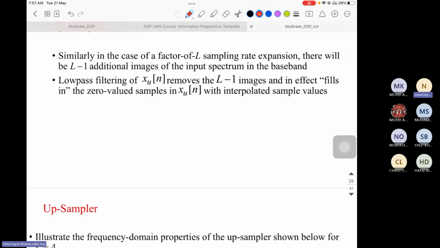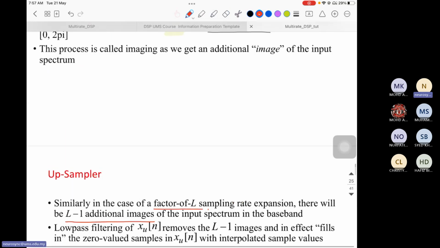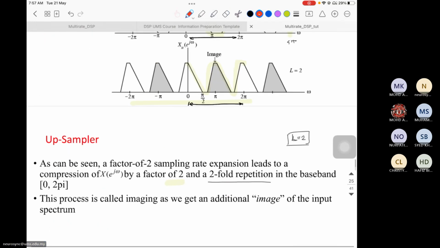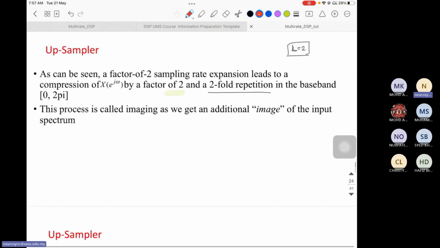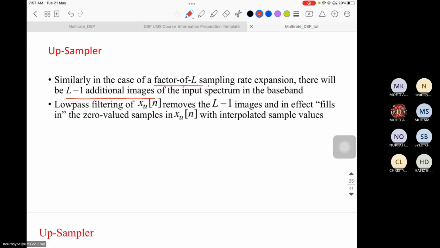For a factor of L upsampling, there will be L minus 1 additional images of the input. So for 2, 2 minus 1, one image is there.